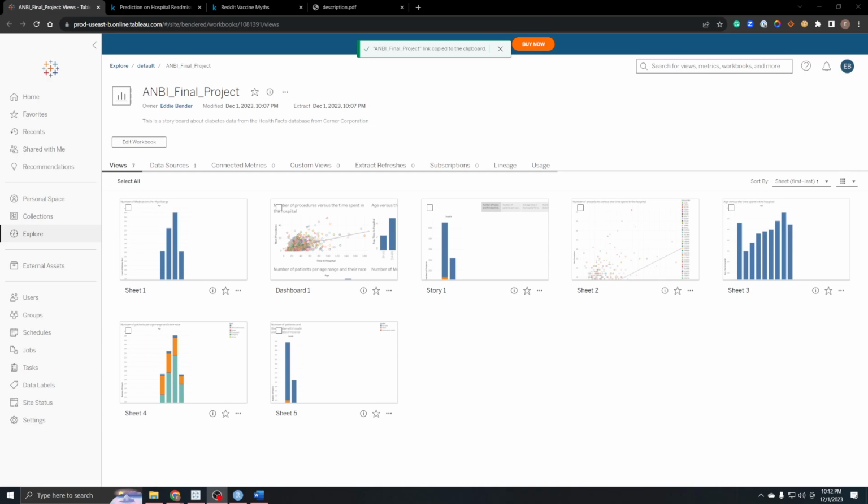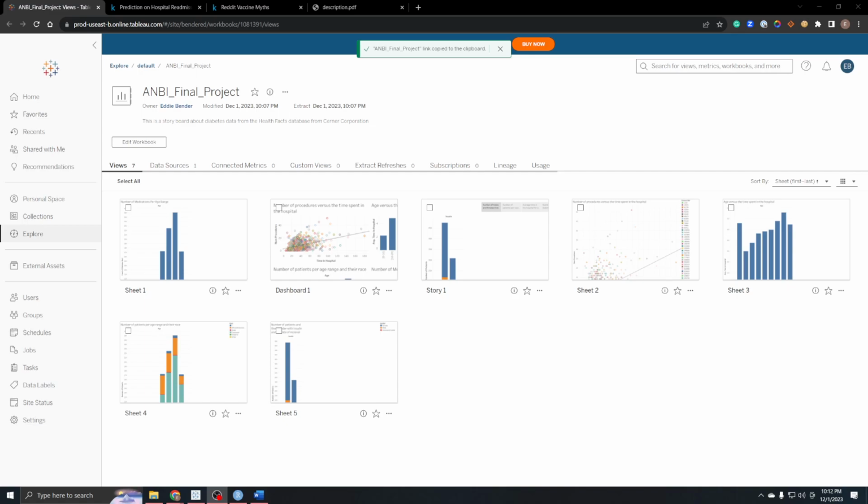For my final project, I decided to look at health data, specifically health data on diabetes, and I got that data from the Health Facts database, which is in Kansas City, Missouri. That was my structured data.